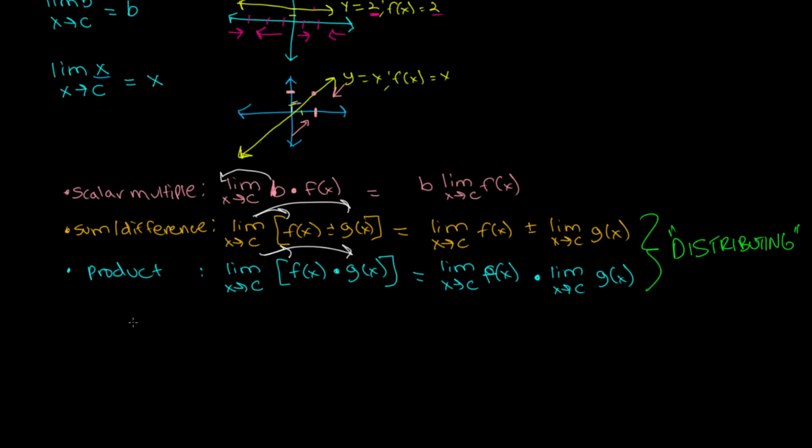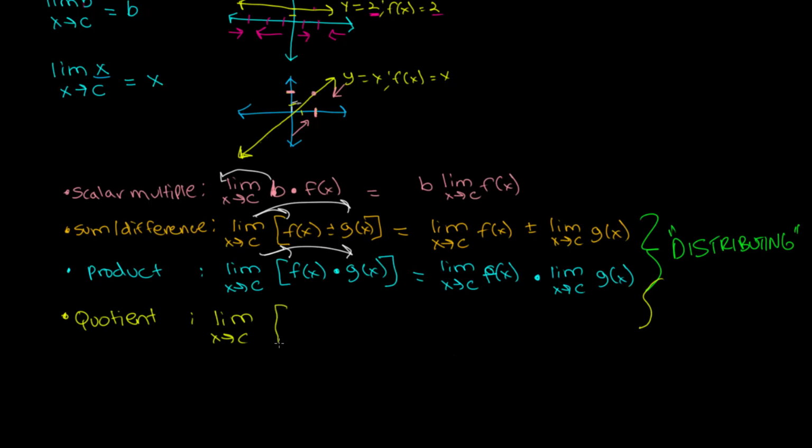Alright, so now we just looked at product, so let's take a look at quotient. And again, this is very, very similar to the last couple we did. So I'll bring this down here as well.